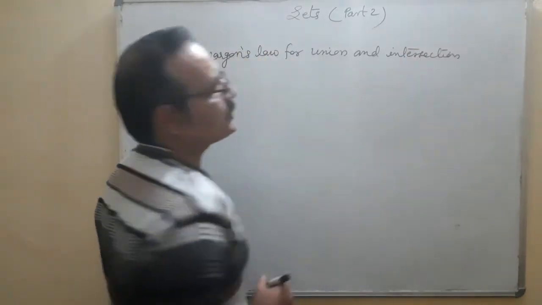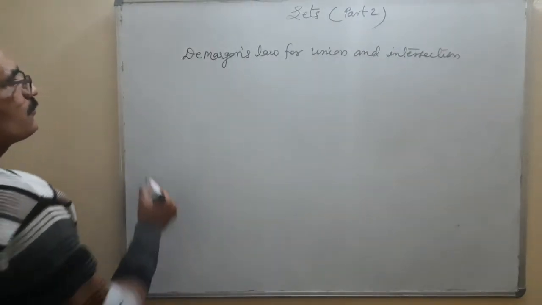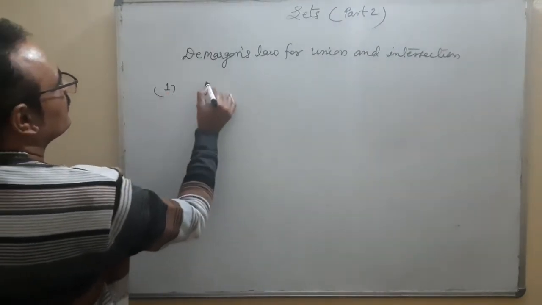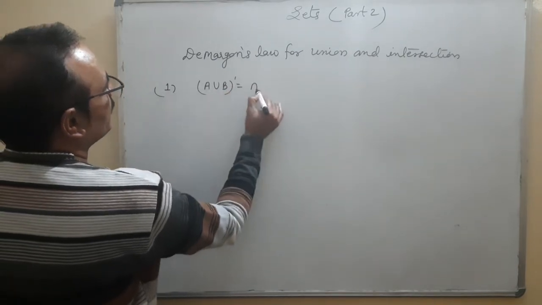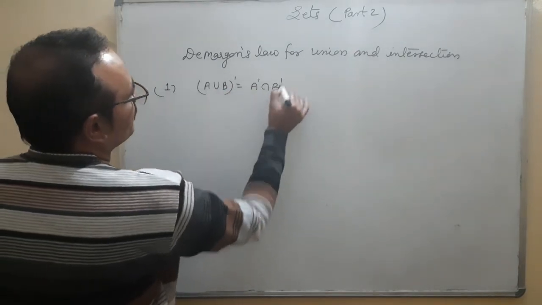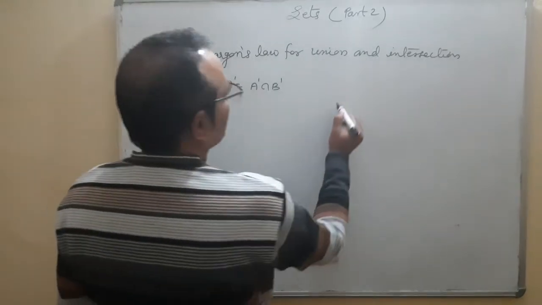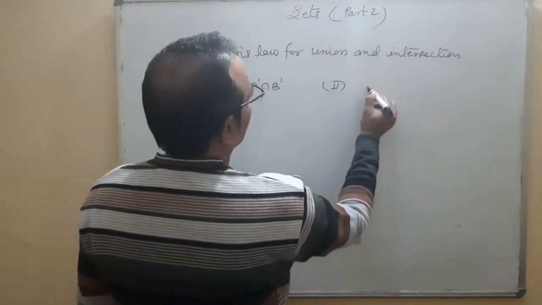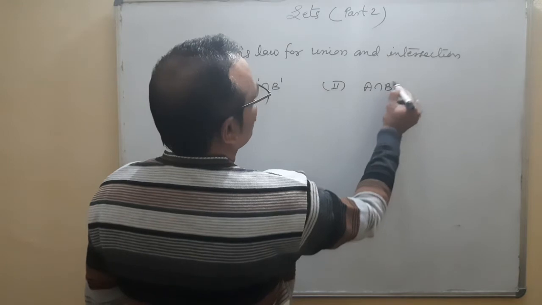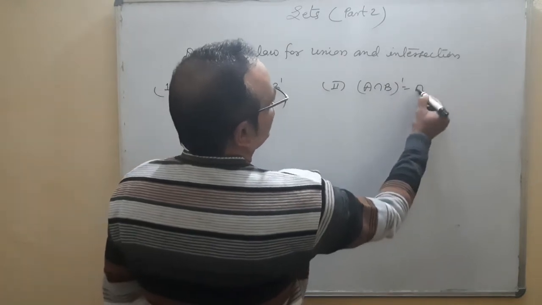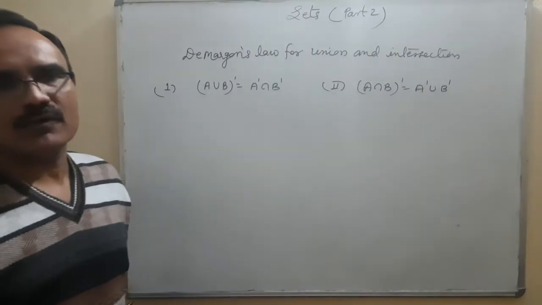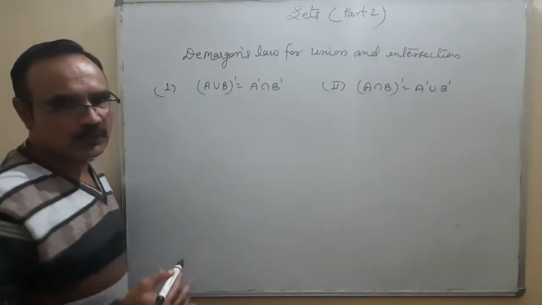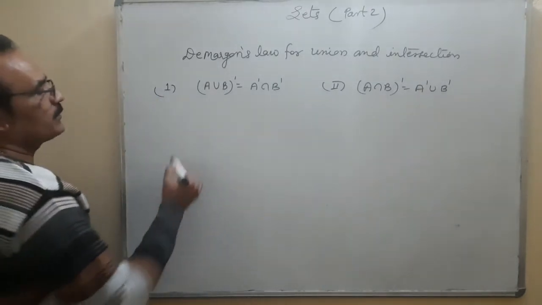First law: A union B complement is equal to A complement intersection B complement. This is for union. Second one: A intersection B complement is equal to A complement union B complement. Now we want to express with the help of Venn diagram, and I'll explain also by the logical process.